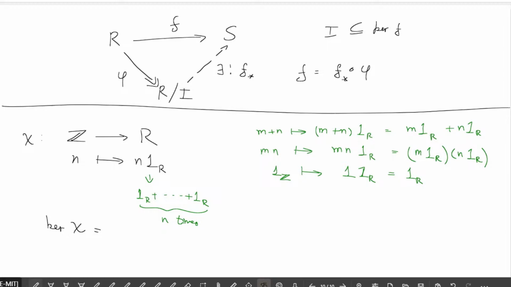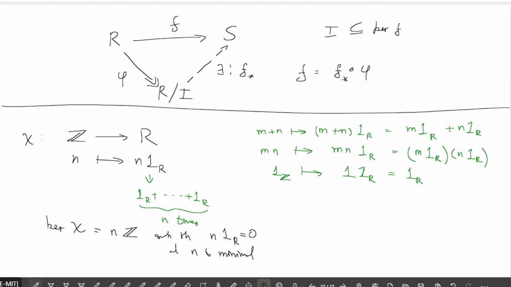It has to be some nZ, because the kernel is an ideal of Z. The kernel is an ideal, so an ideal of Z is nZ, such that n times 1 is equal to 0 and n is minimal, meaning n is the least positive integer satisfying this, because otherwise 0 satisfies it.